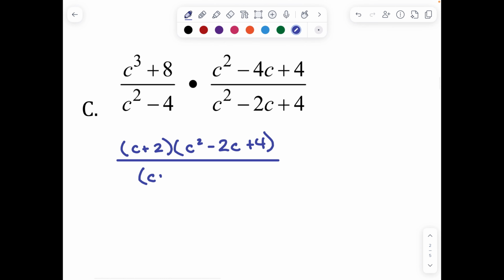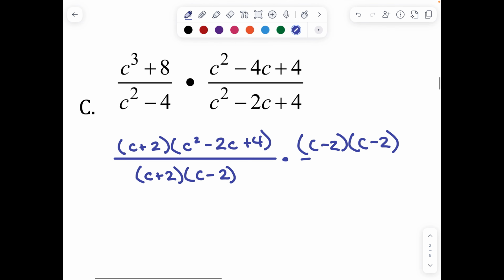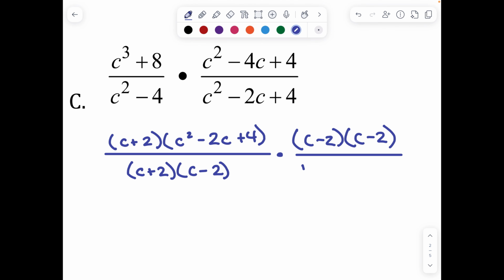So we have c plus 2 times c minus 2. C squared minus 4c plus 4 factors into c minus 2 squared, or c minus 2 times c minus 2. Does not matter how you want to write it. Over c squared minus 2c plus 4 cannot factor, so we leave it as that.